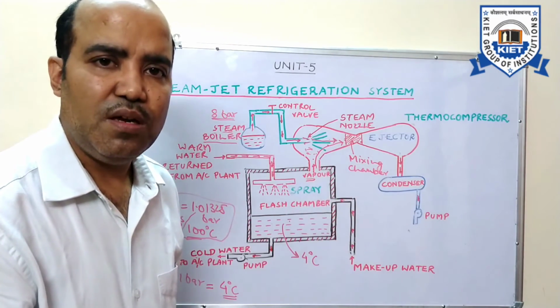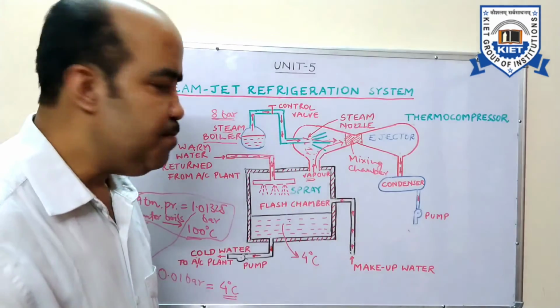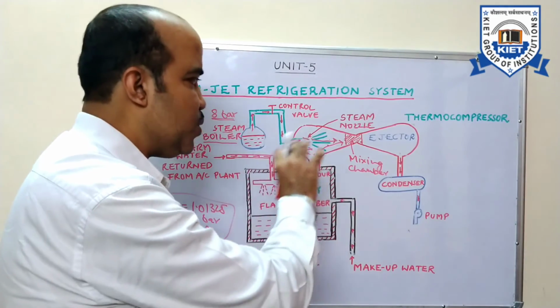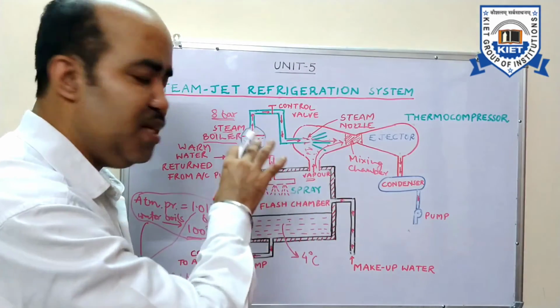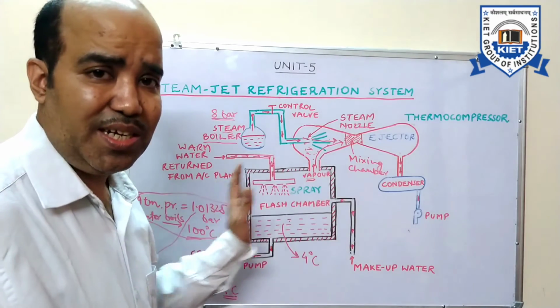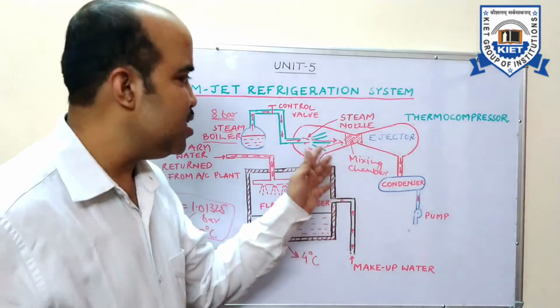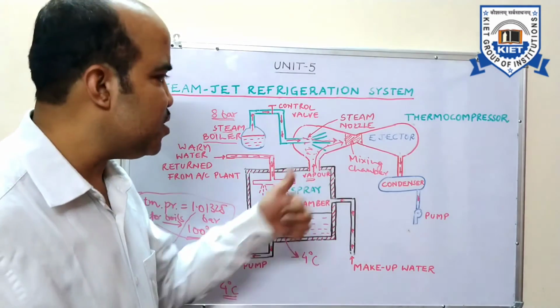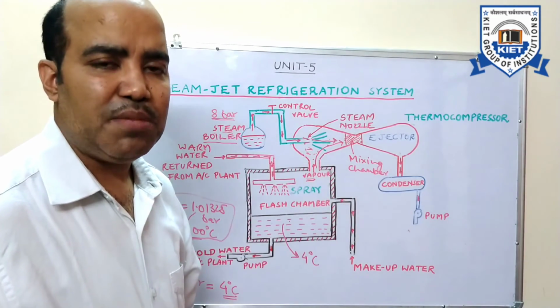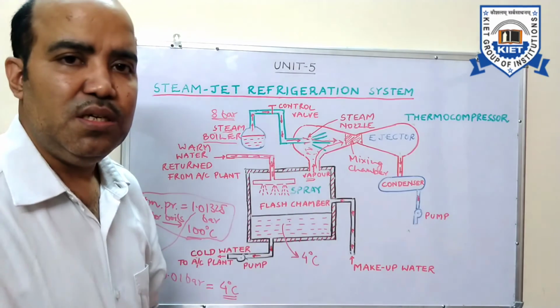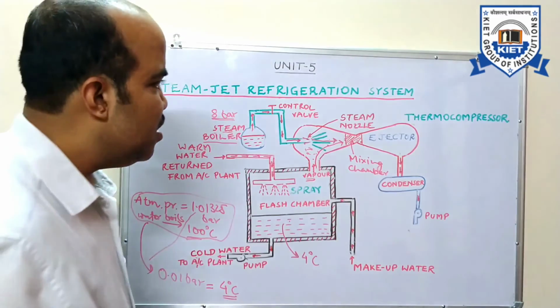and the pressure reaches a value equal to that of the condenser. As you can see, these systems are usually heat driven. We are not having any moving part in this ejector system. This is one of the primary advantages of this kind of refrigeration system.